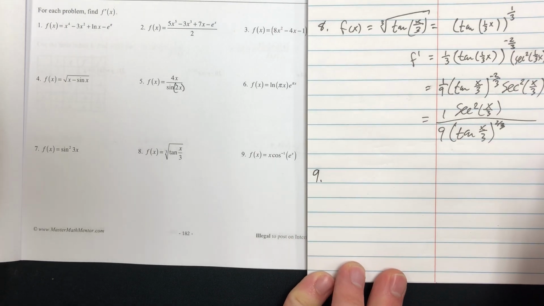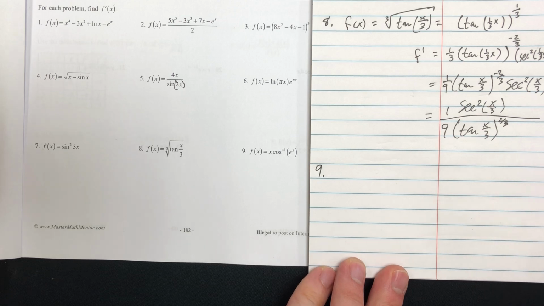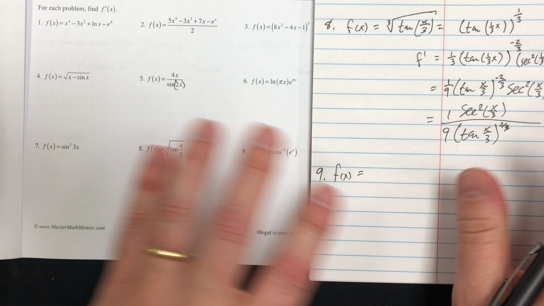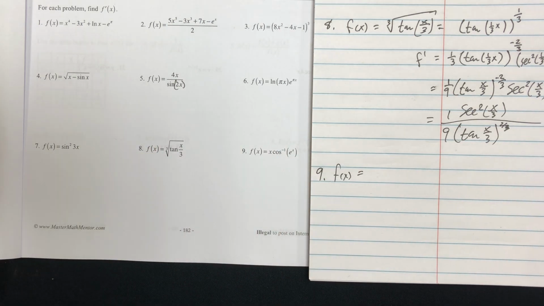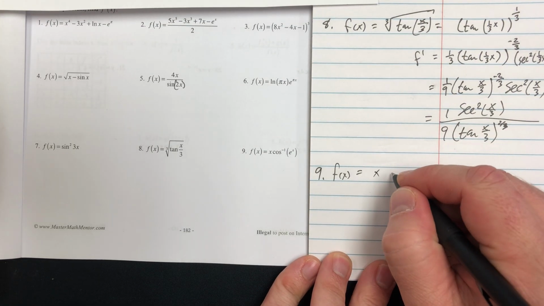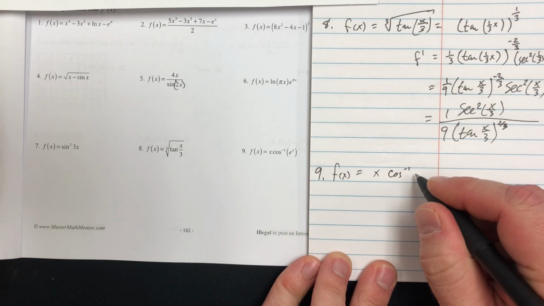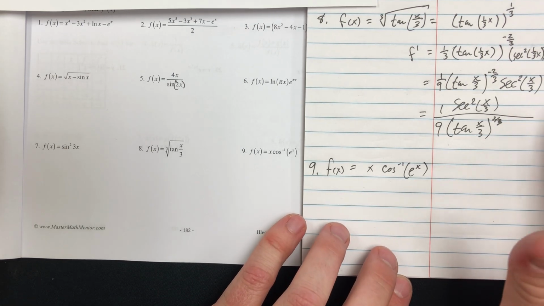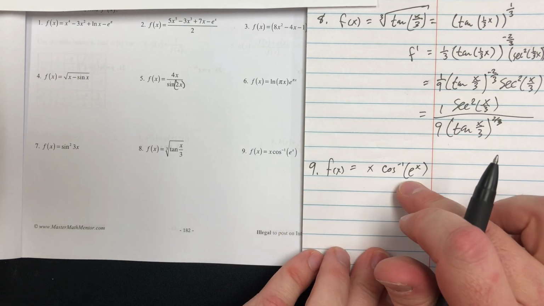All right, number 9. Cool. F of x is equal to, all right, and I have not looked at this formula today, and I want to challenge myself. All right, x inverse cosine e to the x. All right, so what this is going to be, it's x times this.